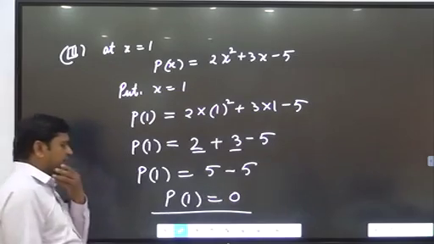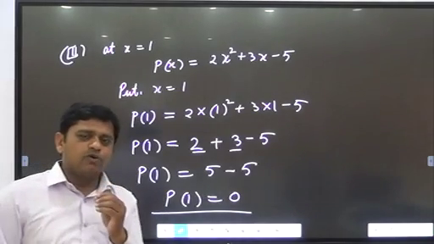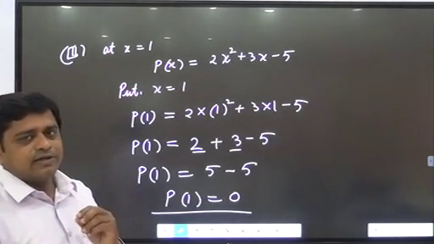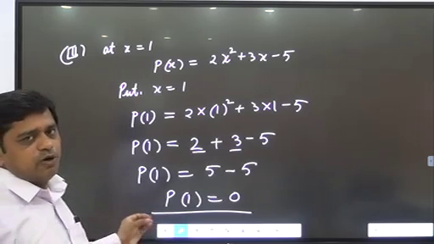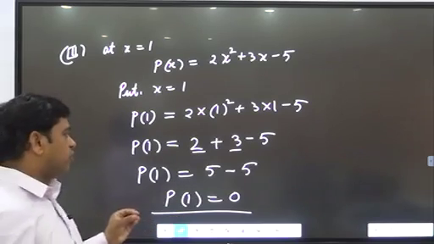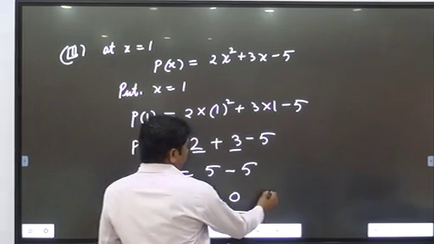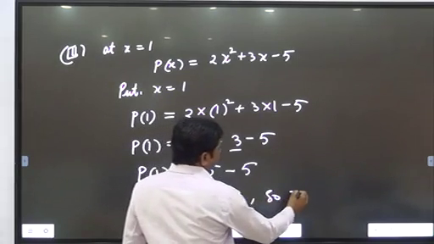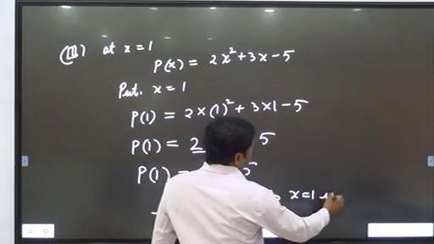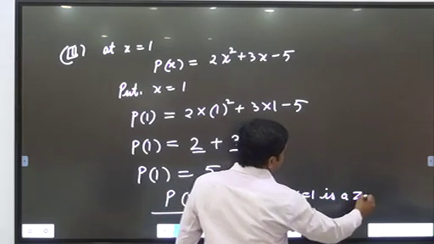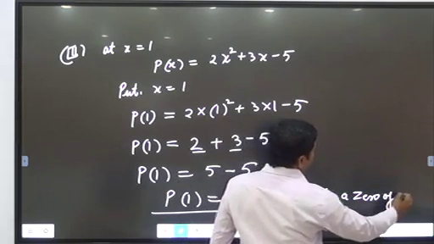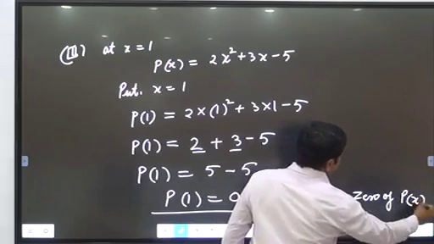So listen carefully, students. At x equal to 1 we got the value of the polynomial as 0. So x equal to 1 is a zero of the polynomial.